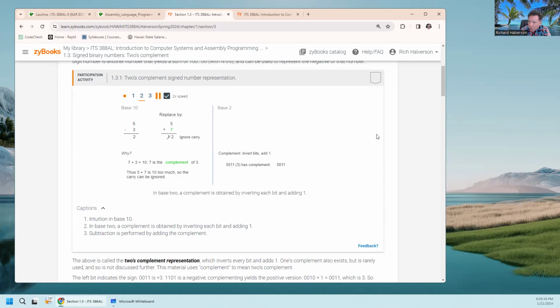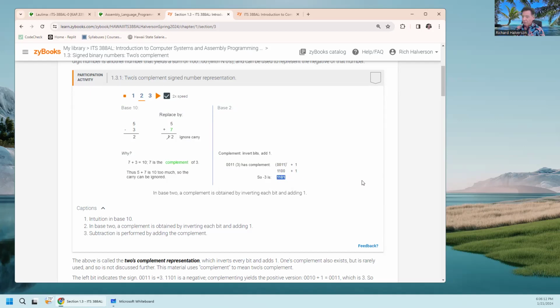In base 2, it's easy. You just invert the bits and add 1. So this is 3, 0, 0, 1, 1. To make the minus 3, first you invert the bits, you get this, then you add 1 to it, and you get 1, 1, 0, 1.